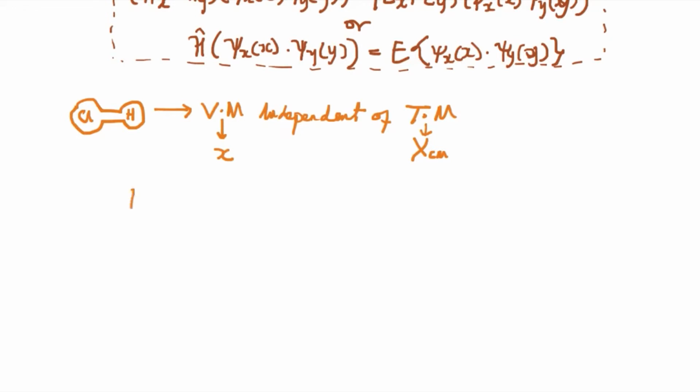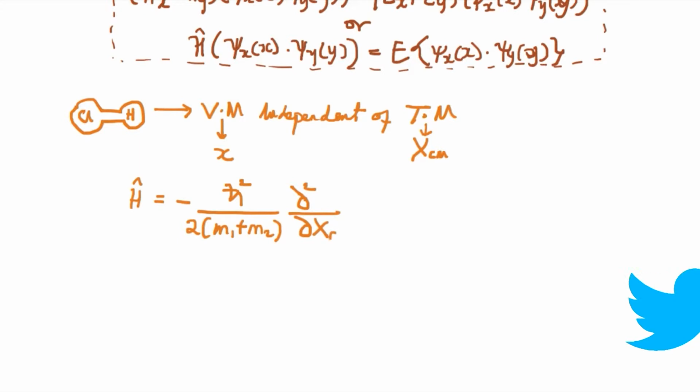Our Hamiltonian operator shows that the translational motion operator is expressed as this, with our center of mass, where m1 is the mass of chlorine and m2 is the mass of hydrogen, and this is the second partial derivative with respect to the center of mass squared of this particular molecule.